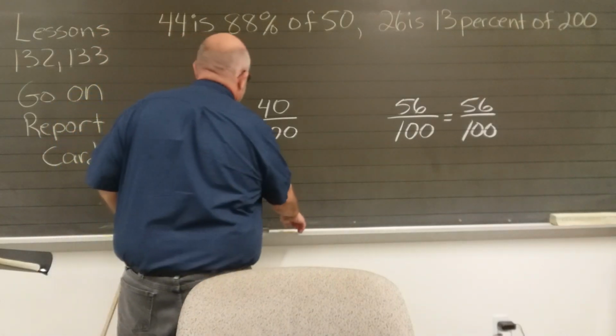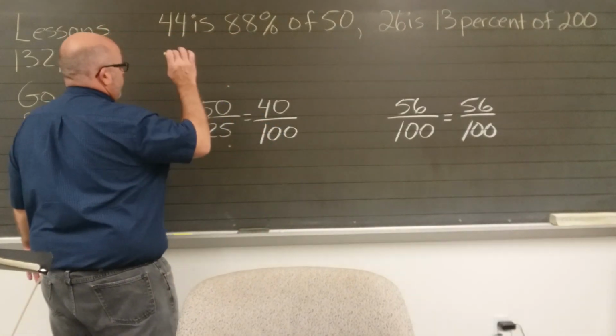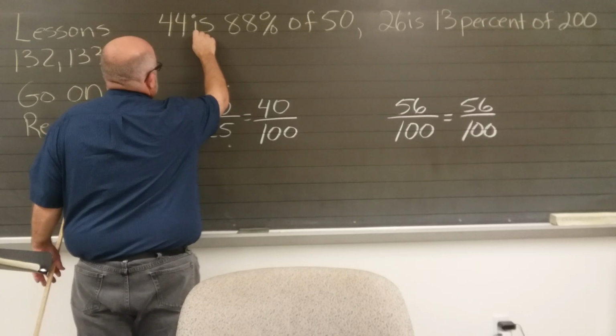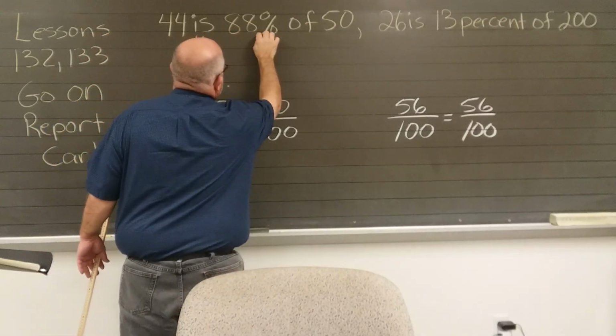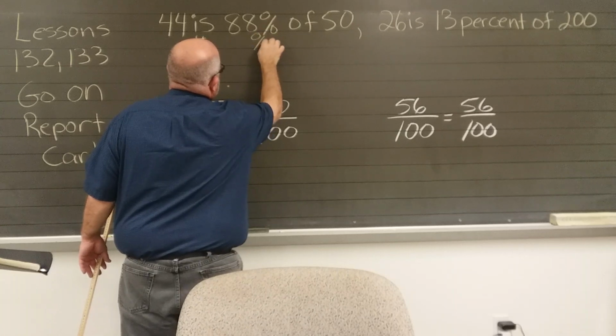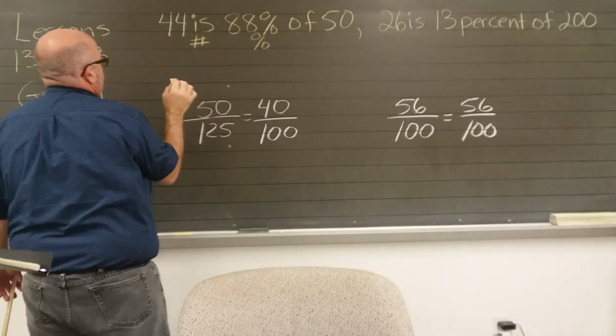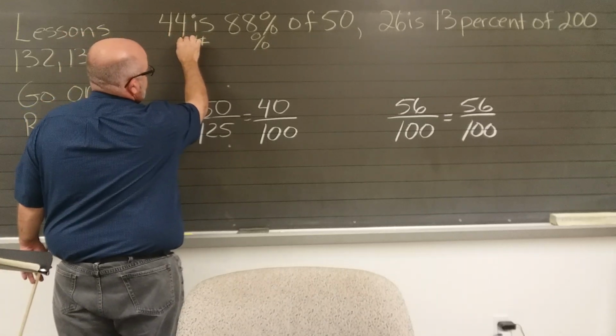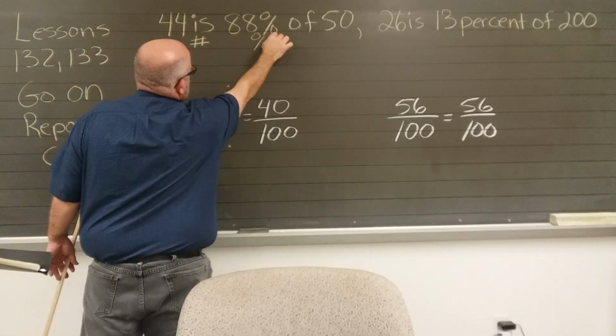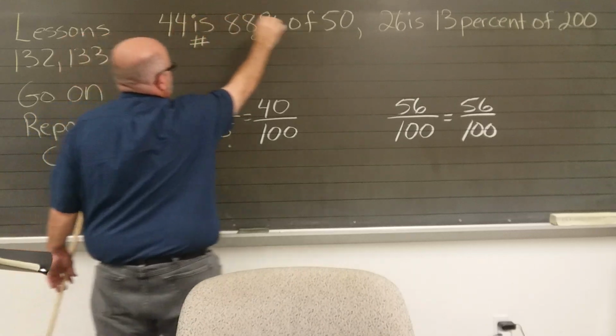So what you have here, you have 2 columns. You have the numbers and you have the percents. So is 44 a percent or just a number? Here you have percent. Here you have just numbers.